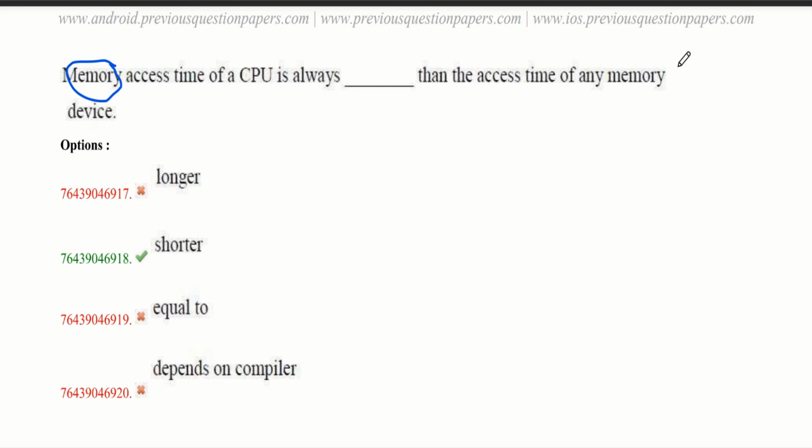Here memory device means peripheral memory devices, like a hard disk or any other memory disk like a pen drive, etc. It will always be less, because the CPU accesses RAM much faster than other devices. So the correct answer is shorter.